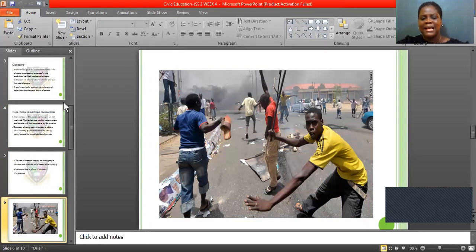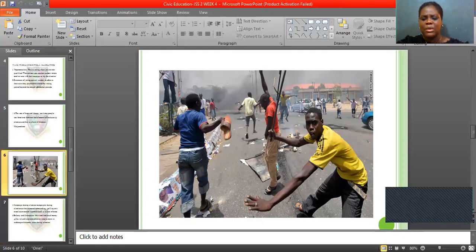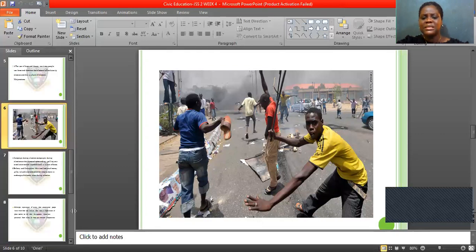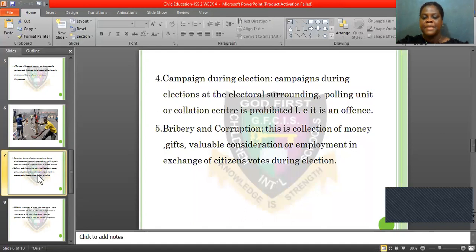All these are electoral malpractices that people are doing that is not okay. When they do this, they will steal the boxes and run away with them, to go and fix it, to make what they intend to do, and at the end of the day, they will still come back and present it as normal voting.